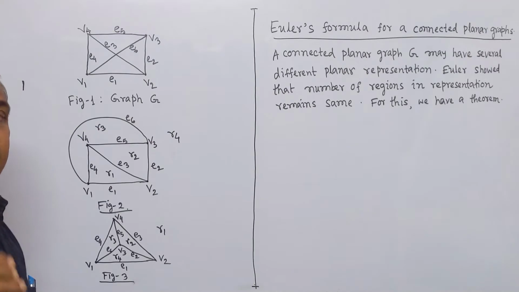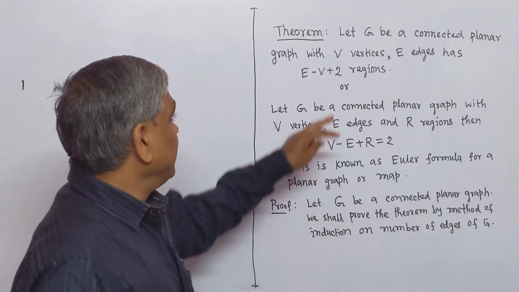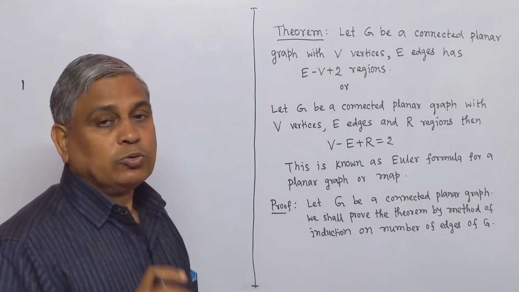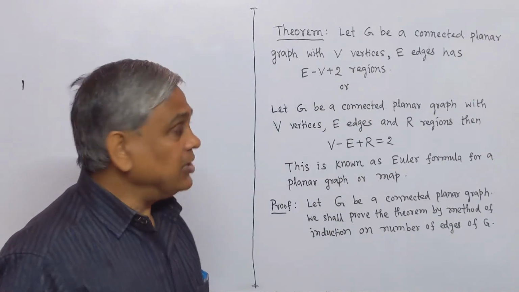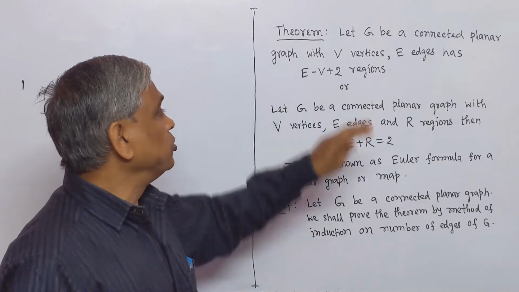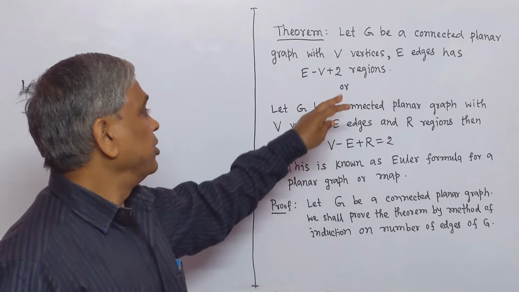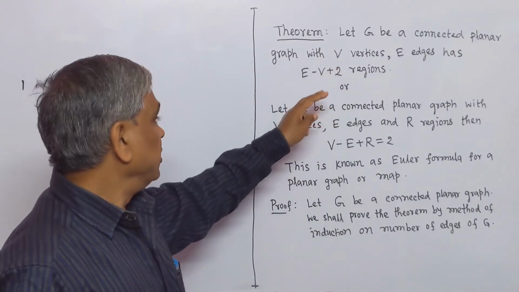So firstly we state a theorem. Theorem is, let G be a connected planar graph with V vertices, E edges, has E minus V plus 2 number of regions. Or we may state the theorem in another way.